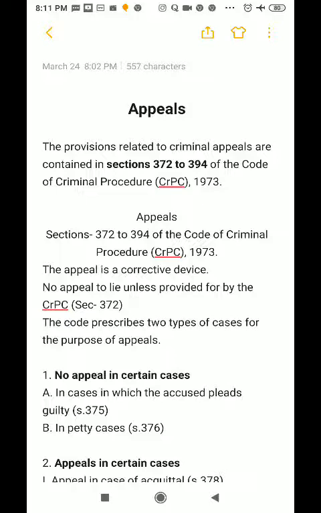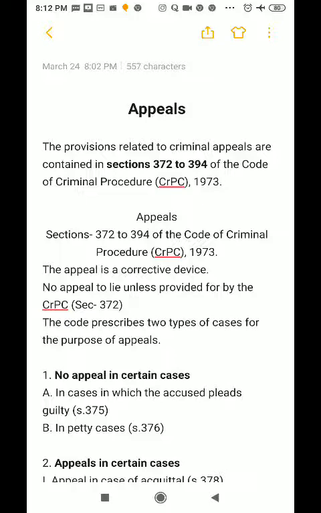Now, what is the scope of appeal? Well, to answer this, I would let you know that Chapter 29, containing Section 372 to 394, lays down the legal provisions related to appeals.